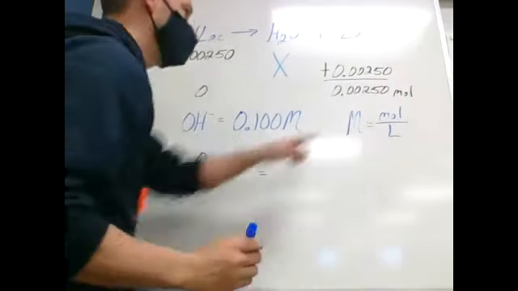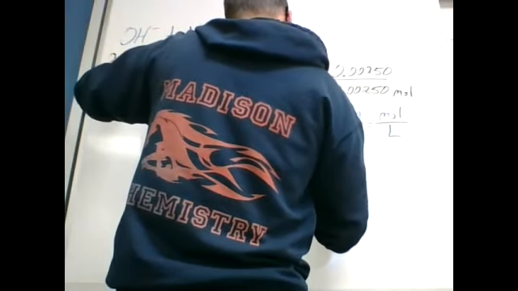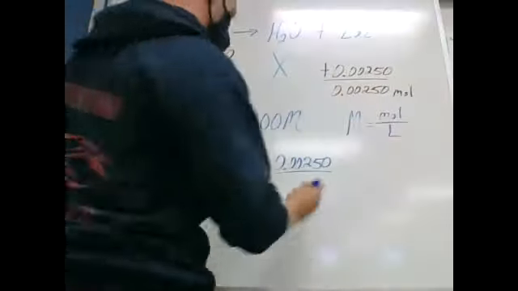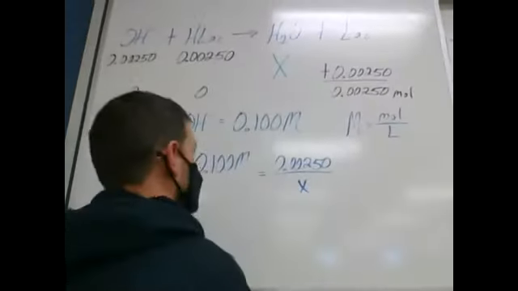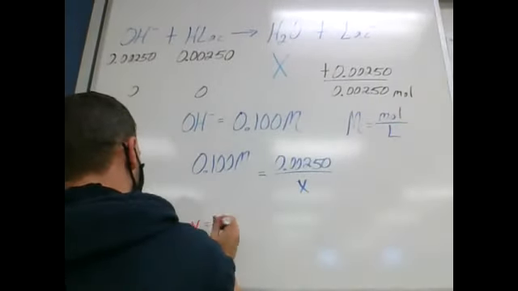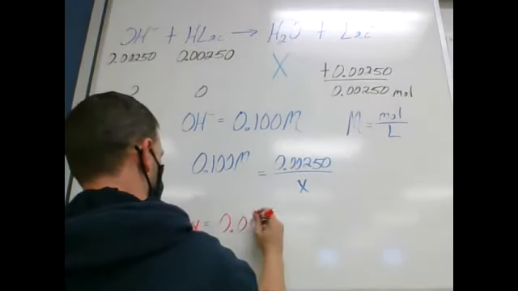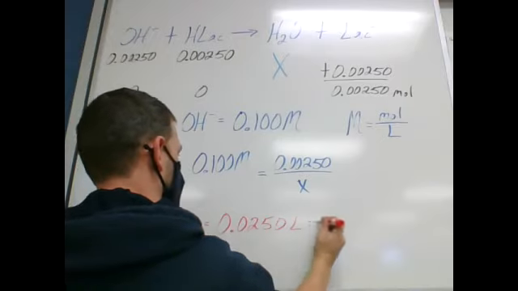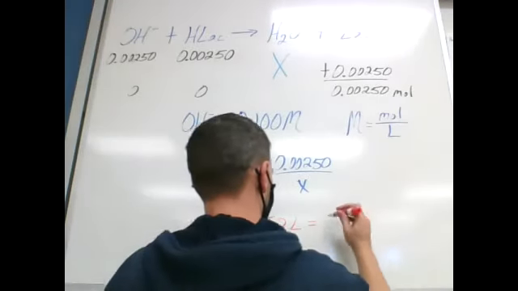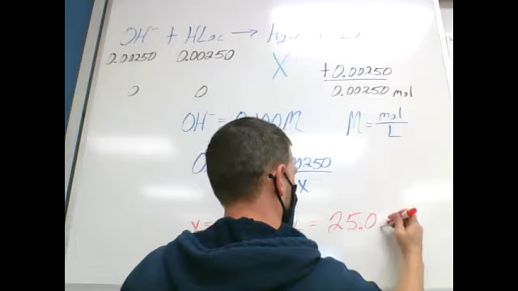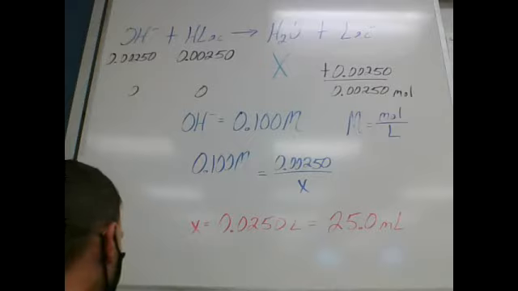I want the moles to be 0.00250. So I can solve for liters there, and we are going to get 0.025. So there's the amount of the titrant needed to get to the equivalence point.